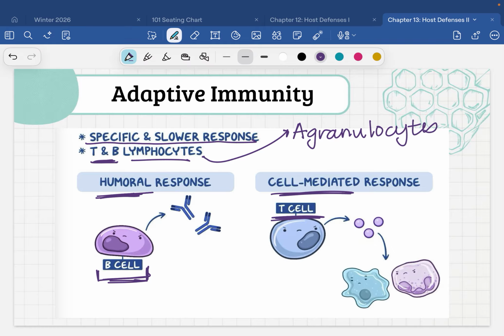So the B cells, the overall purpose of a B cell, is to produce things called antibodies, which I know is a word you've heard before. We're going to talk a lot more about them in just a minute. But B cells produce antibodies. That's their main purpose. And antibodies, in general, are going to go on, and in ways that we will talk about in a little while, cause pathogen destruction.